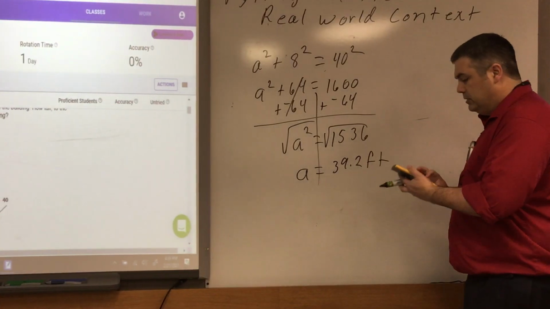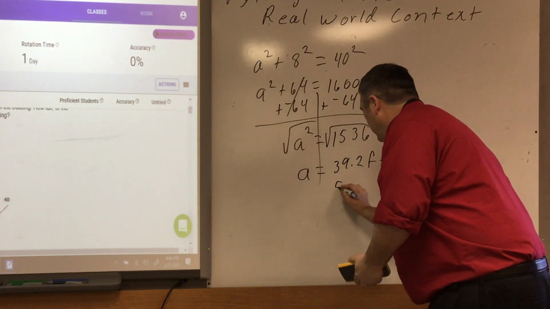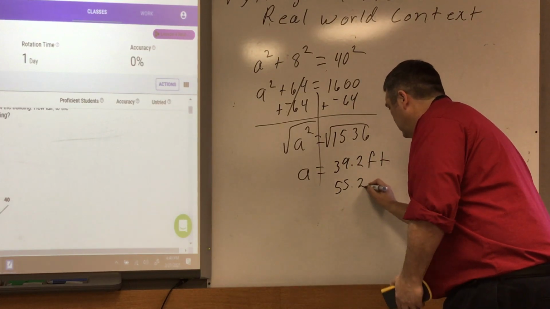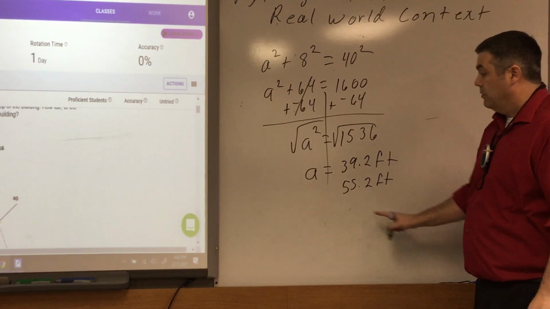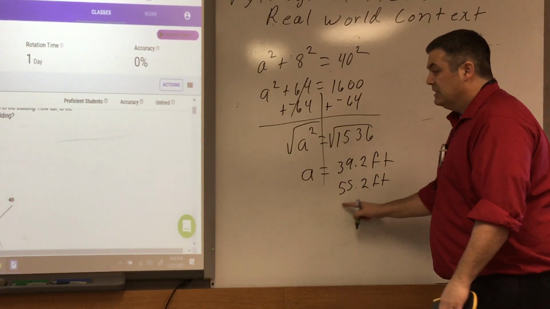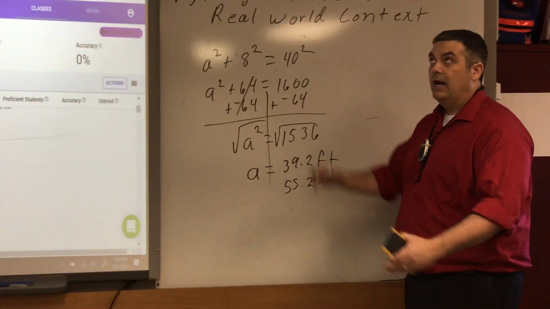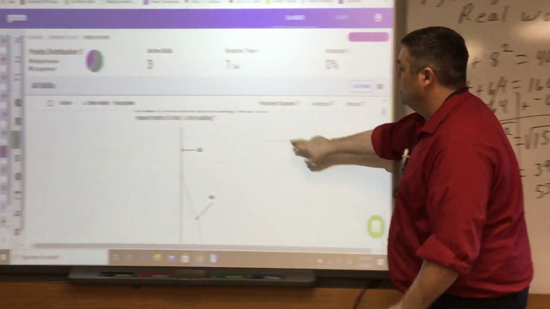So 39.2 plus 16 gets me 55.2 feet. That's my answer. So A does equal 39.2 feet, but the height of the wall is 55.2 feet.